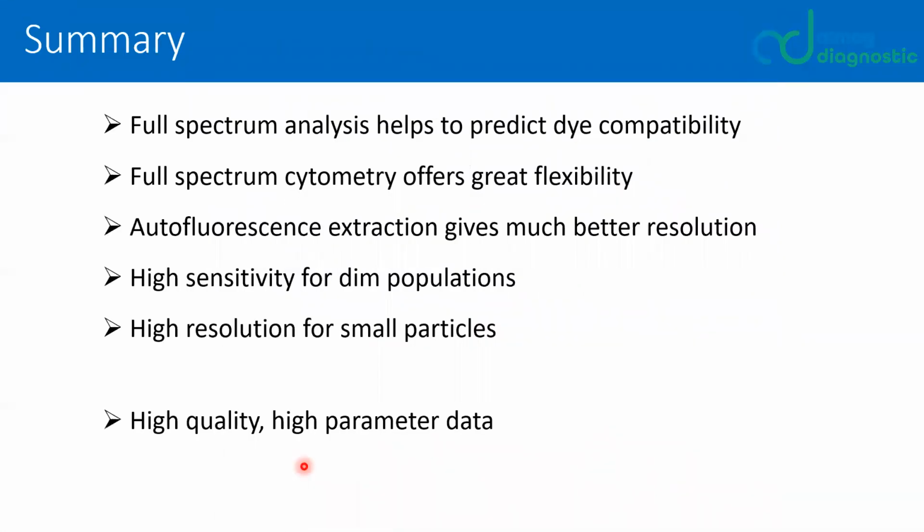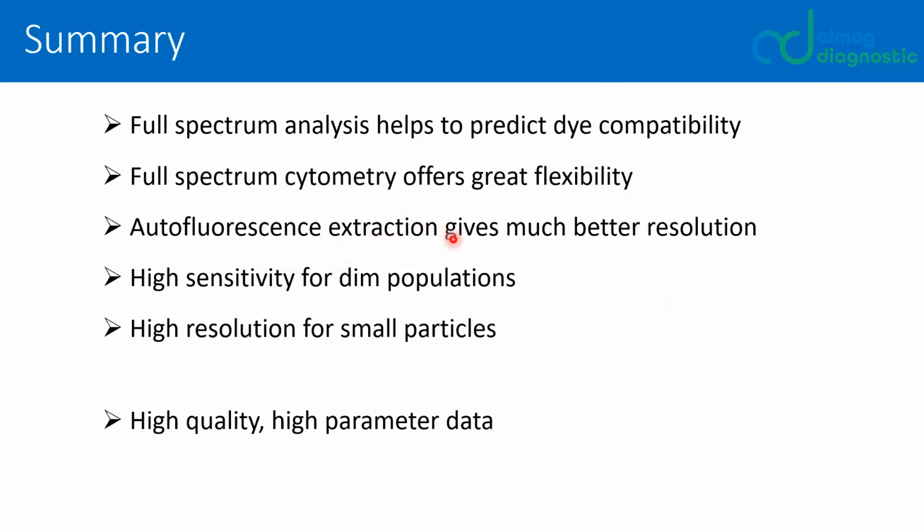So let's summarize the things that we have talked about today. Today we talked about the full spectrum analysis and how it helps to predict dye compatibility. We looked at how full spectrum cytometry offers us great flexibility to combine dyes that have very similar emission peaks.